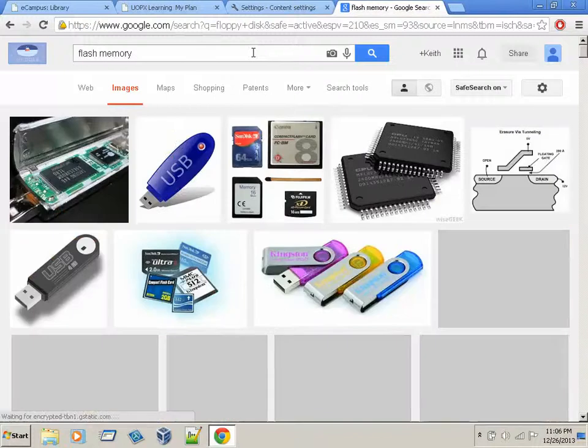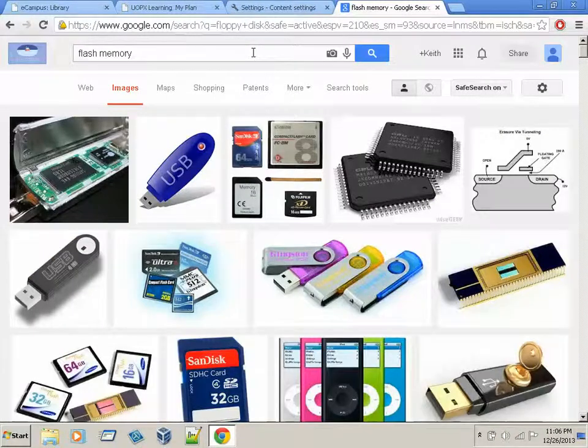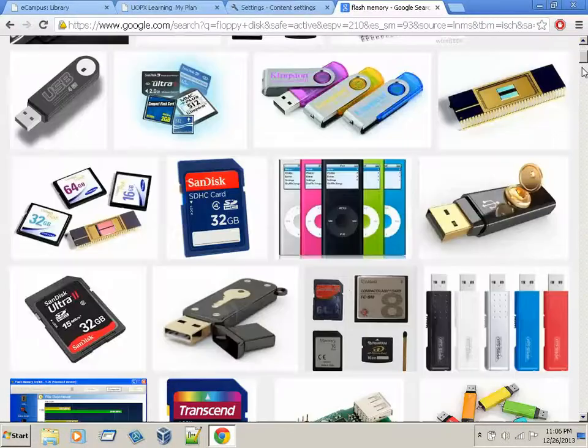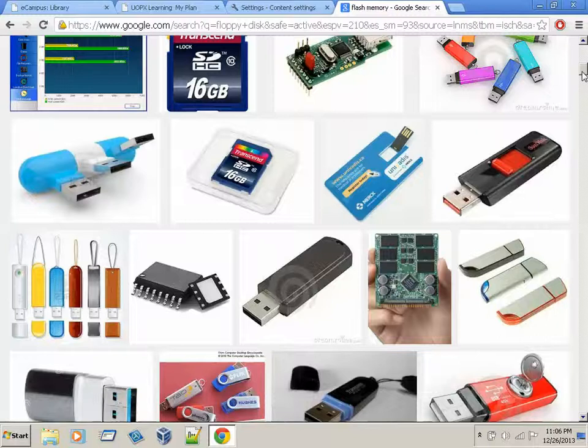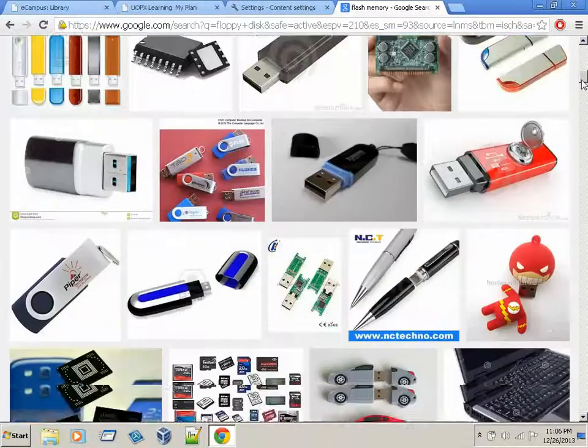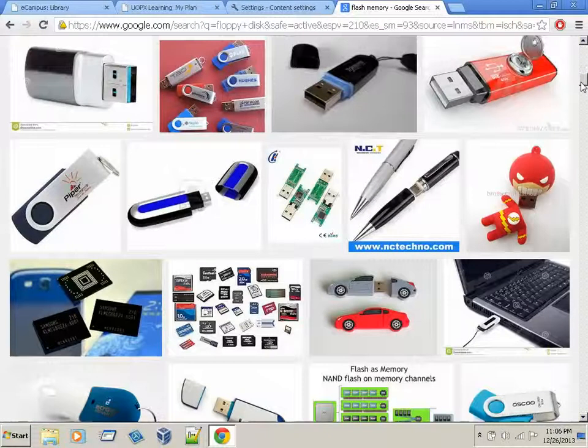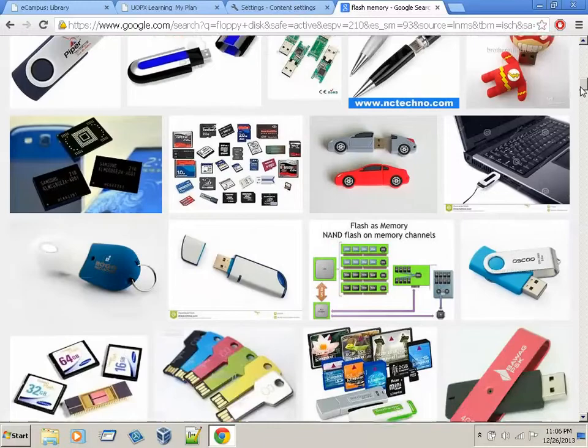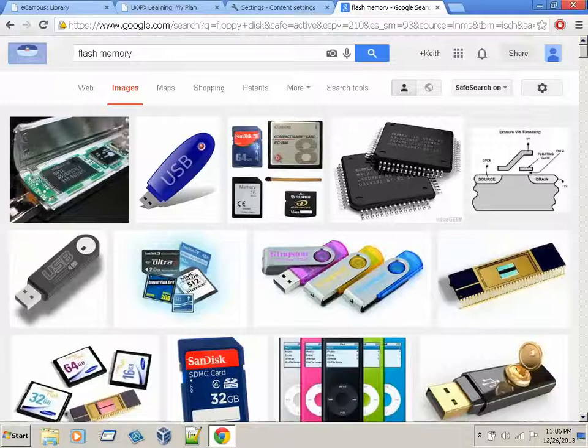But anyway, now we're on flash memory, and a lot of it we know is USB sticks, or you have little memory cards, or they use some flash memory on some other cards as well. So you see all these different flash memory things. That's a quick picture through there.